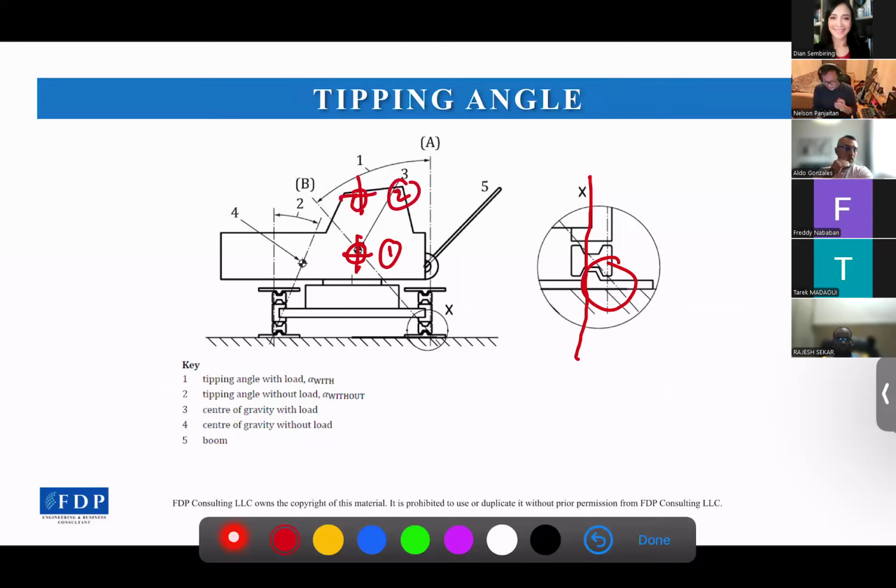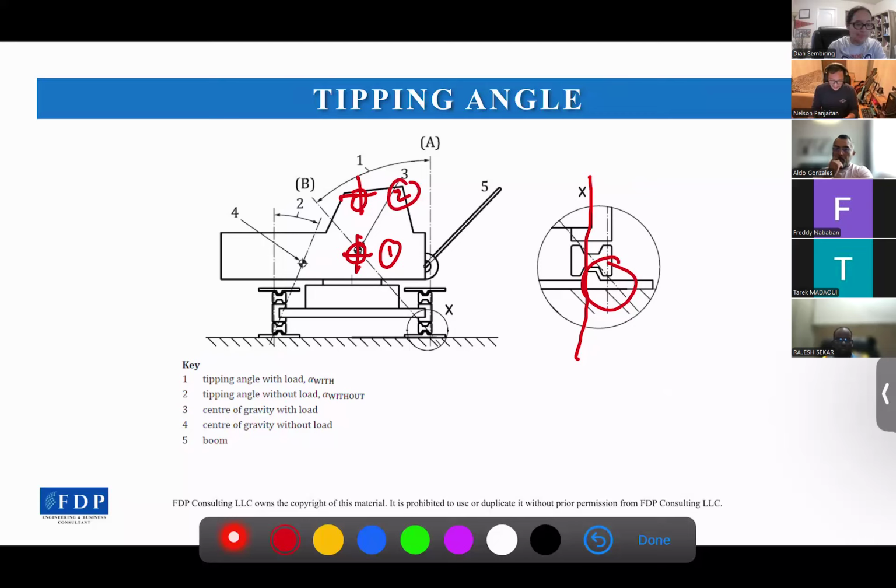Which one is safer? The higher is the most dangerous. So the higher is the more dangerous, correct? Because the higher COG we have, the smaller tilting angle we've got, correct?